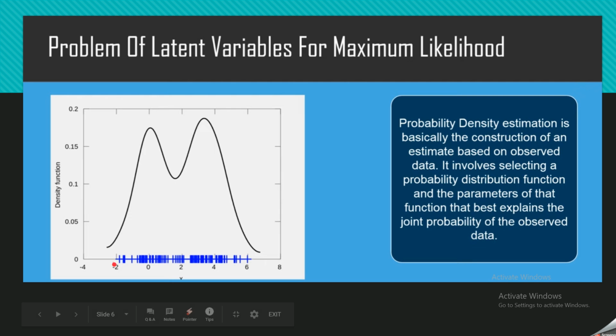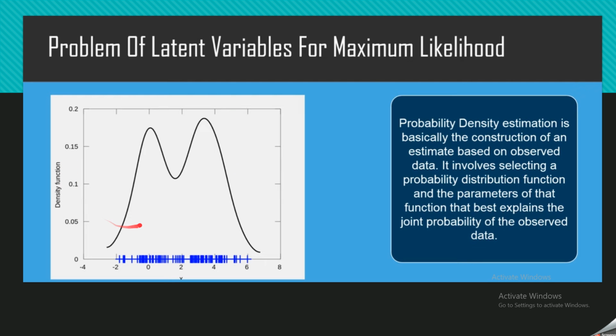Basically, what it is trying to say is we are going to plot all the observed data on the x-axis, and the probability density function will be specified on the y-axis. So we are constructing the estimate on the basis of your observed data with respect to the density function.